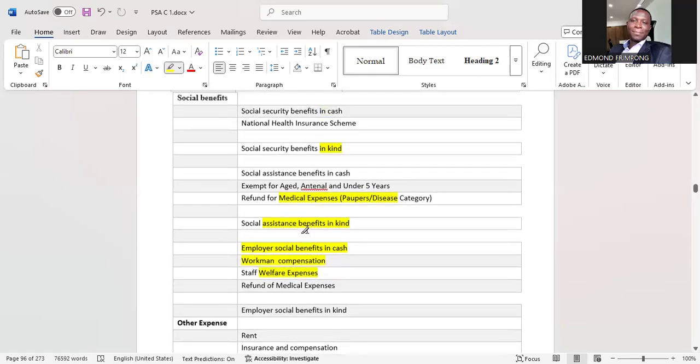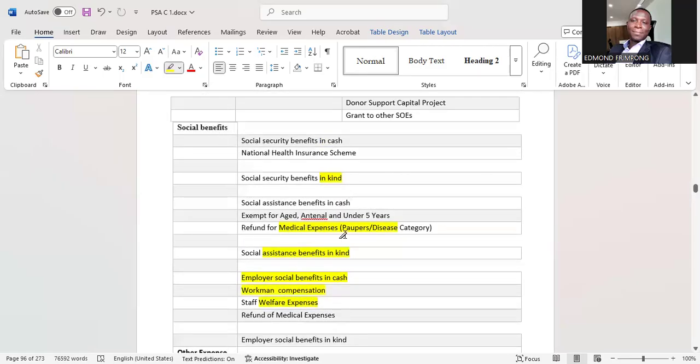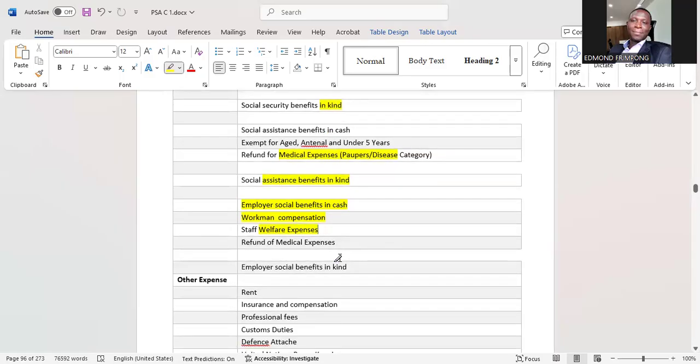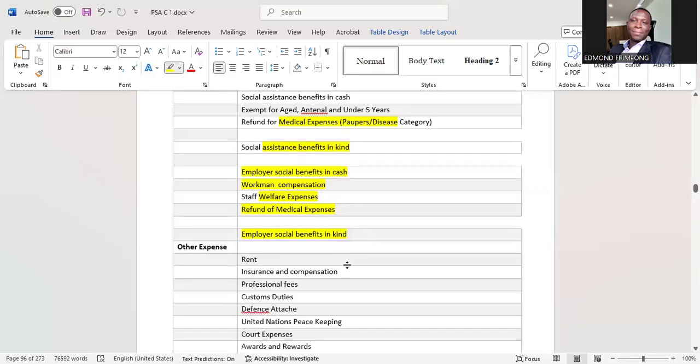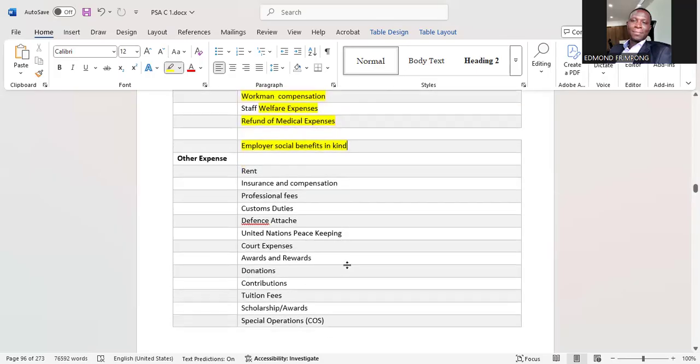Sometimes students usually confuse social benefits with compensation of employees. So get the difference. Refund of medical expenses, employer social benefits in kind. We'll be seeing some of these things in the trial balance. Then we have other expenses: rent, insurance, and professional fees.